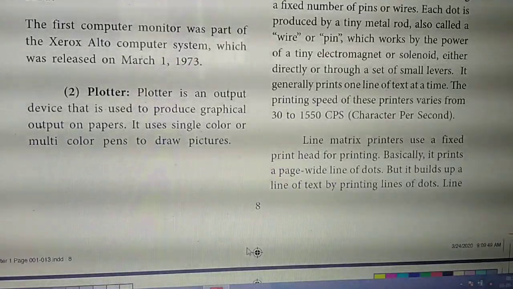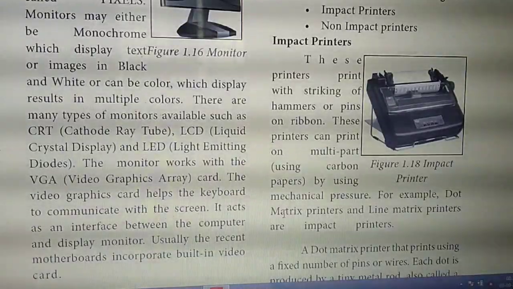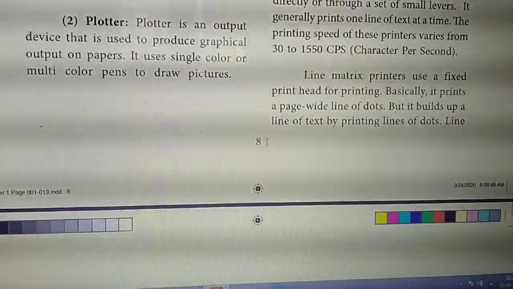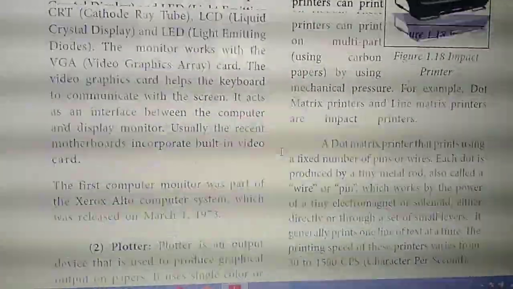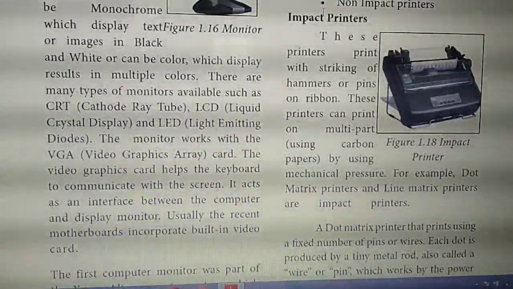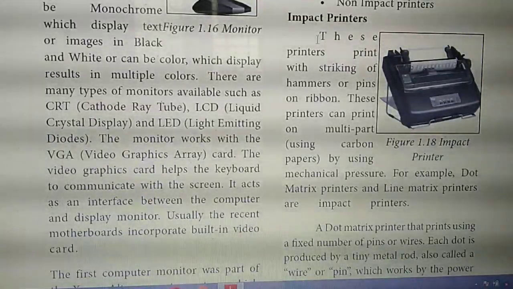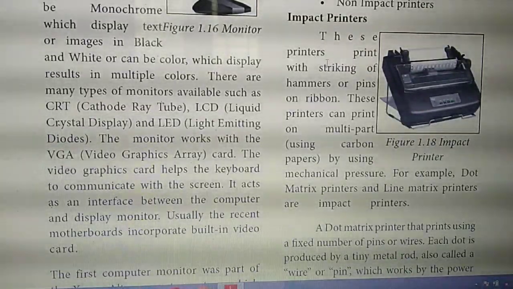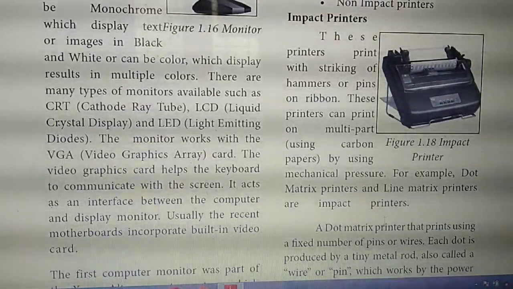Yes. Next, sixth question. Write short note on impact printers. Page number 8. Okay. Take page number 8. Impact printers. Where's impact printers? Here. Okay. So page number 8. Impact printers from here to here. These printers print with striking of hammers or pins or pen up to here. Okay.